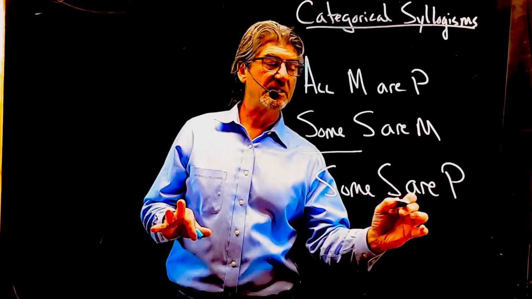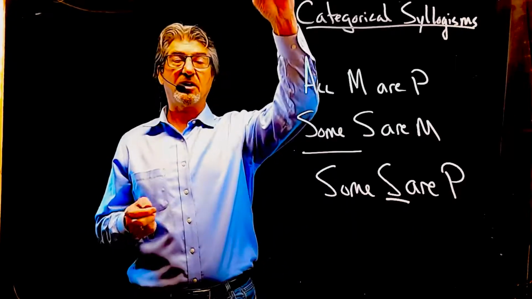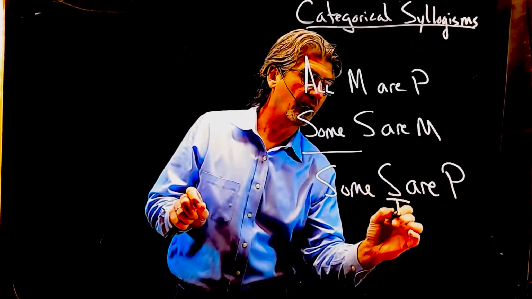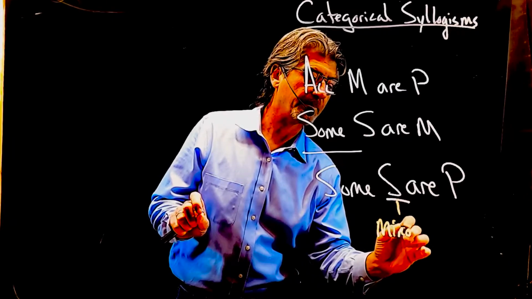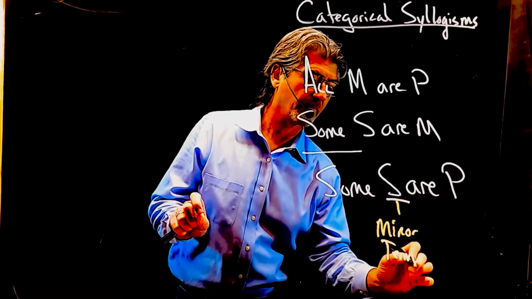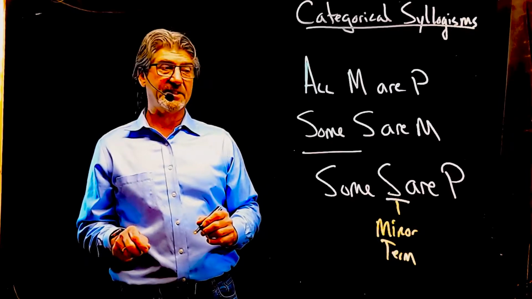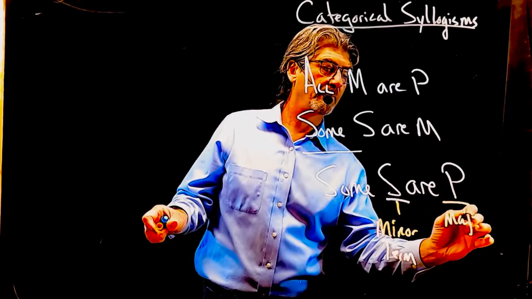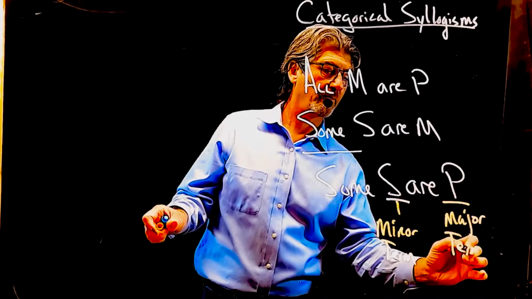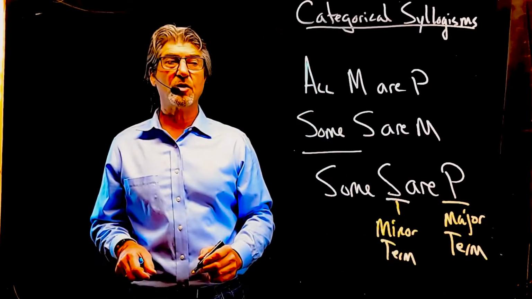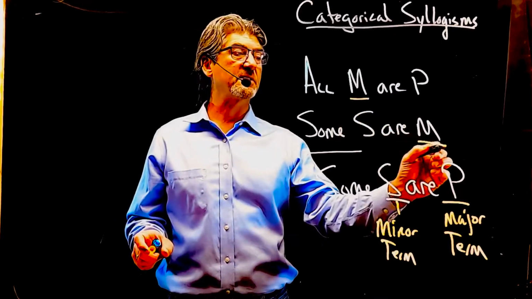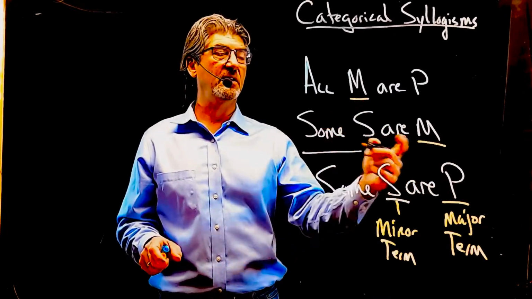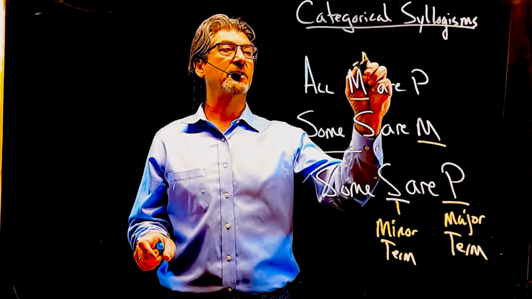The subject of the conclusion is what we call the minor term. The predicate of the conclusion we call the major term. And the term that appears in both premises, in this case here and here, we call the middle term.